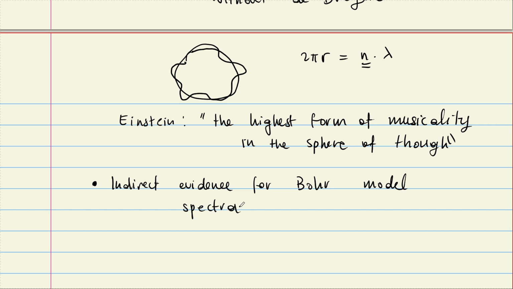And spectra were known about 50, maybe 100 years prior to quantum mechanics. But once Bohr came up with this model, there was also direct evidence, the so-called Frank-Hertz experiment.